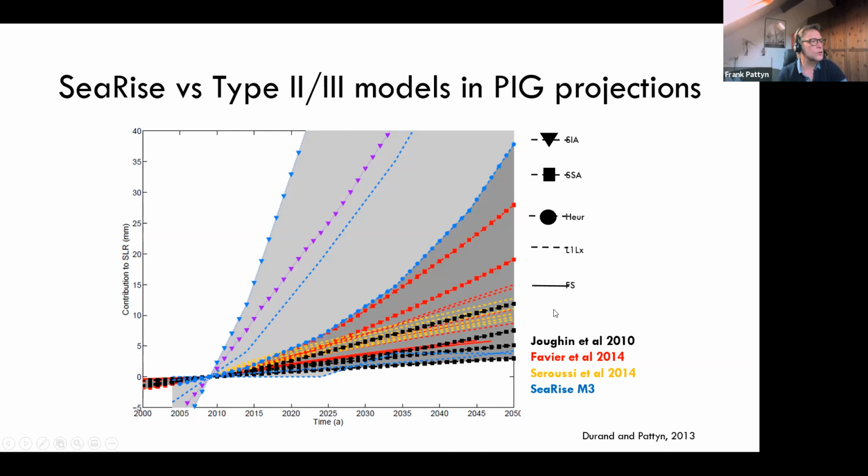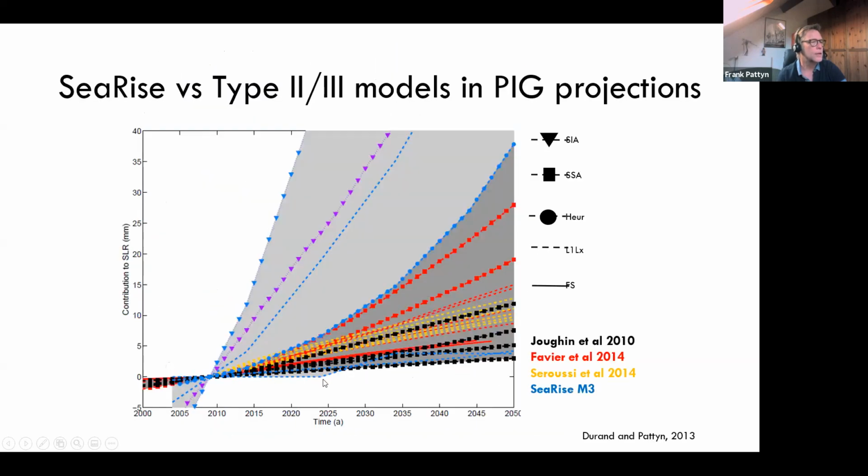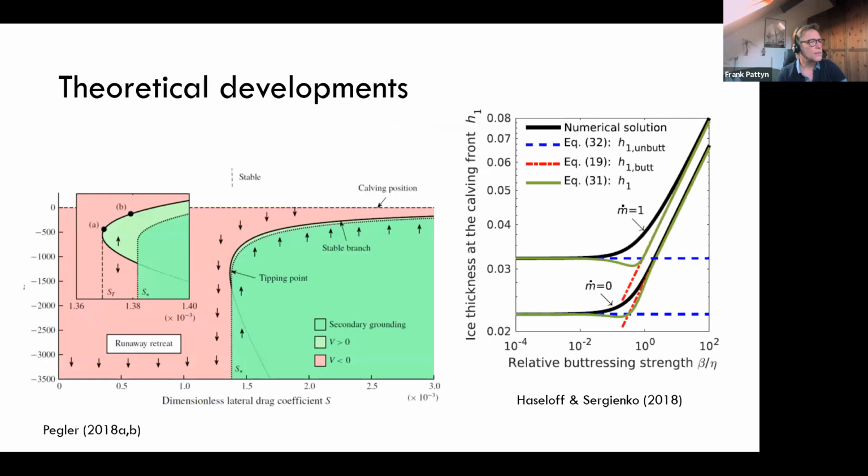Then you see that the spread of sea rise, which is this whole bunch of spread that you see here, and then the ones that do resolve this grounding line and use models at sufficient high resolution as is prescribed here, then you see that this narrows down the uncertainty. Of course, it also narrows down the numbers of ice loss.